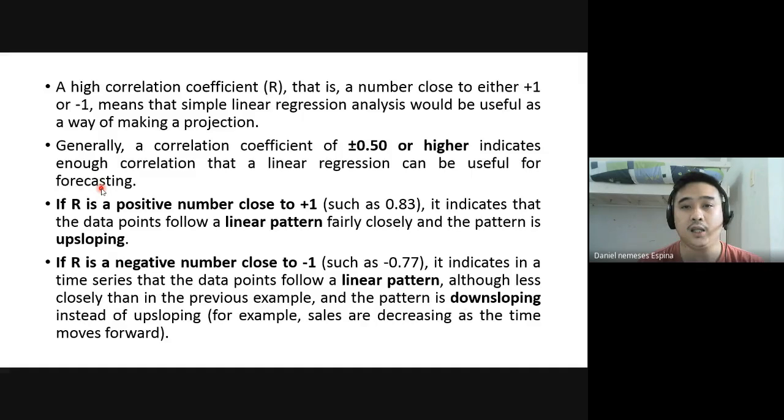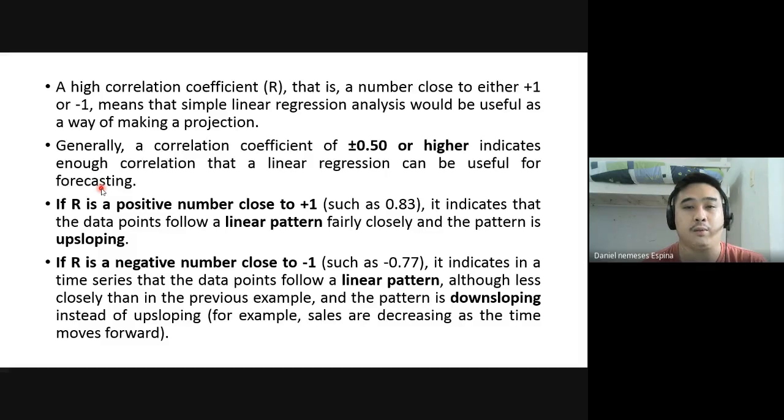Otherwise, dili nimo pwede gamiton ang values ni x to determine the outcome of y. So for example, sa price o quantity demand, if the correlation coefficient is 0.50 or higher, okay, you can use the price to determine the quantity demand. Pero if, let's say, the correlation coefficient is 0.41, for example climate and the quantity demand for food.